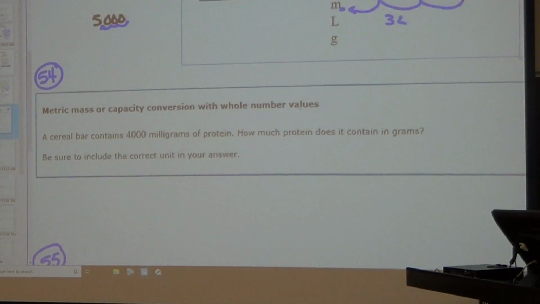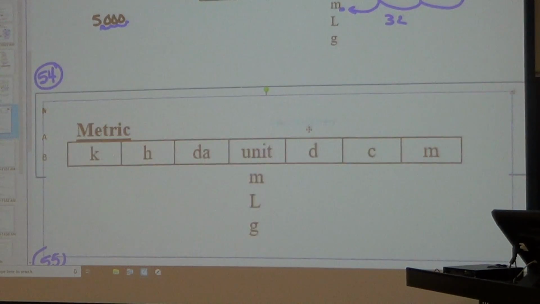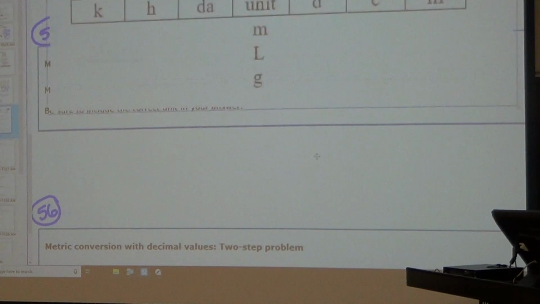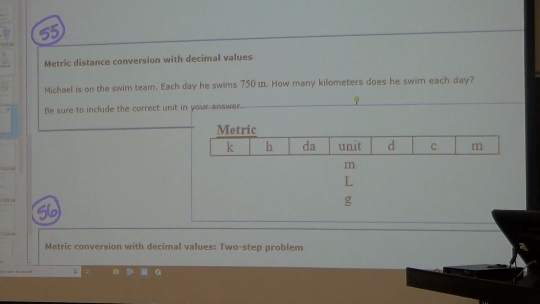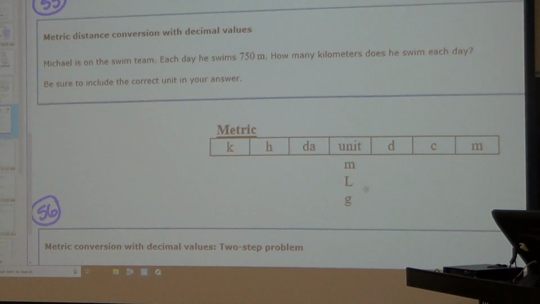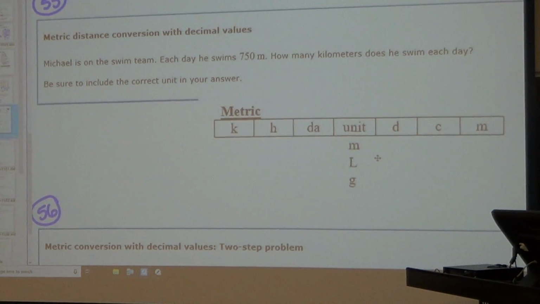Let's look at another one. Each day he swims 750 meters. How many kilometers does he swim? So we're changing 750 meters into kilometers. How many which way? We're starting where?